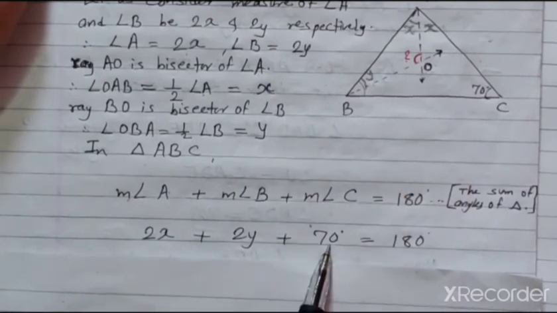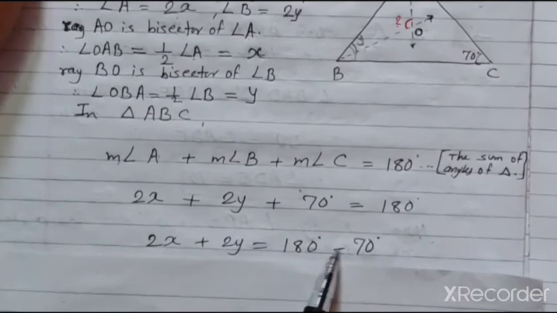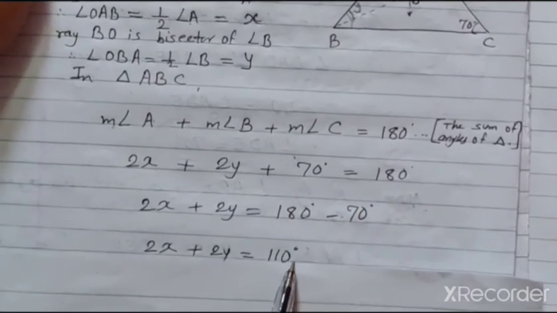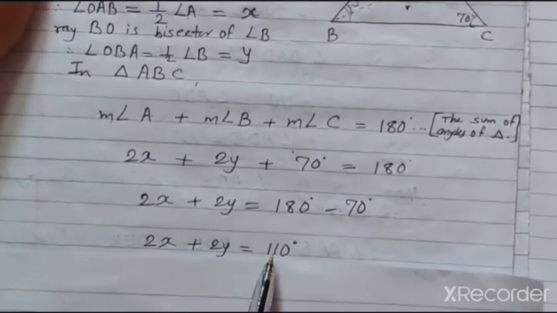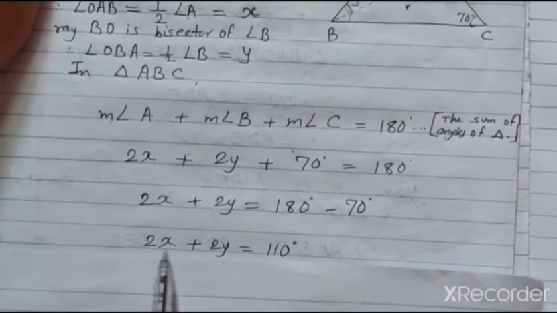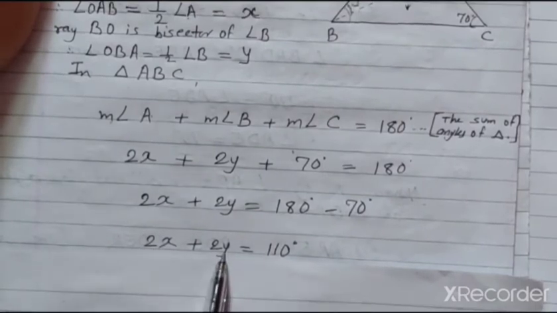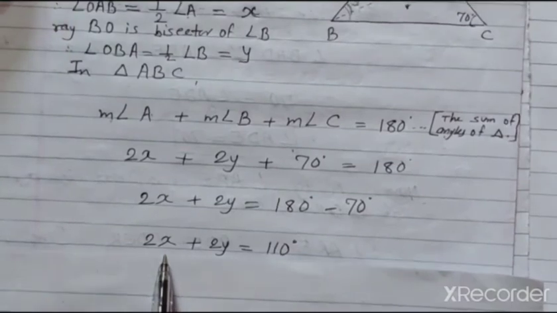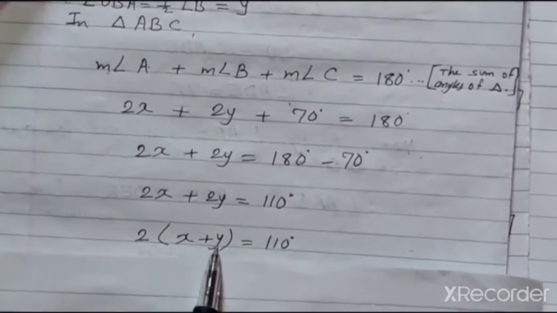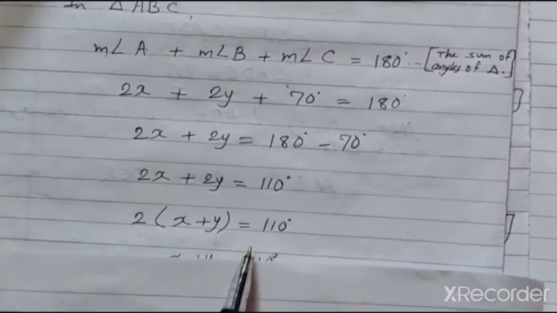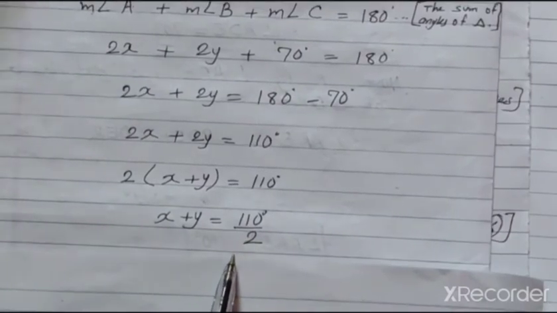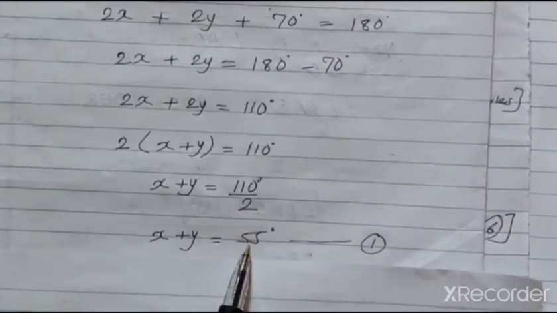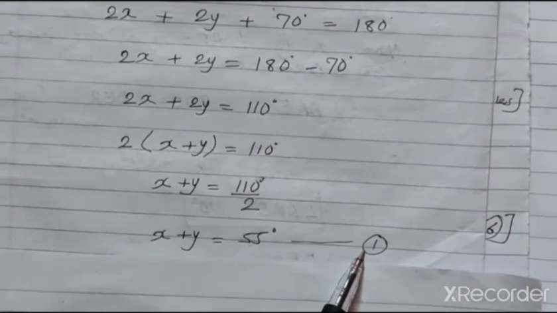So take this 70 to the other hand side, so it will become minus and its subtraction is 110. Now in the left hand side you can see 2 is common, so I am taking this 2 as a common term. So in bracket x plus y, take this 2 to the other hand side, so it will get divided. Its division is 55 degree. This is our equation number 1.